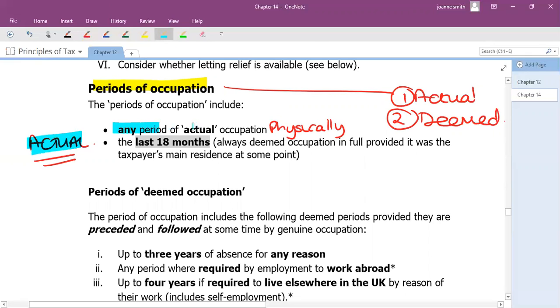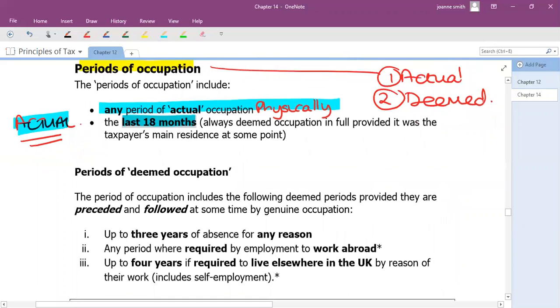So you actually live in the property physically, on your own or with your family, plus the last 18 months, regardless of what you're doing. So if you've moved out 2 years before you sold it and you never went back to it, the last 18 months will be classed as you occupying it, even though you weren't physically there.